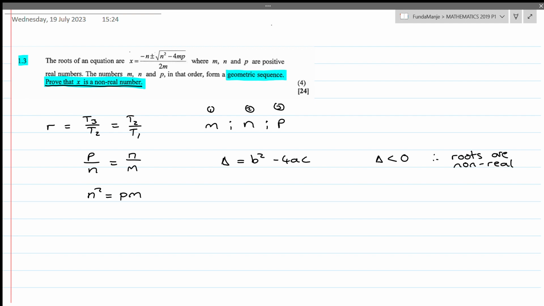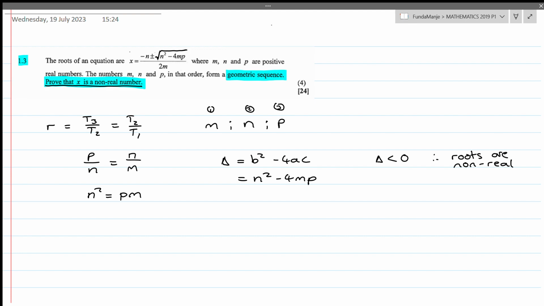So we continue. Here b squared minus 4ac can be found underneath our square root sign, and it's n squared minus 4mp. Now we can simplify this a bit by substituting mp with the n squared over here.